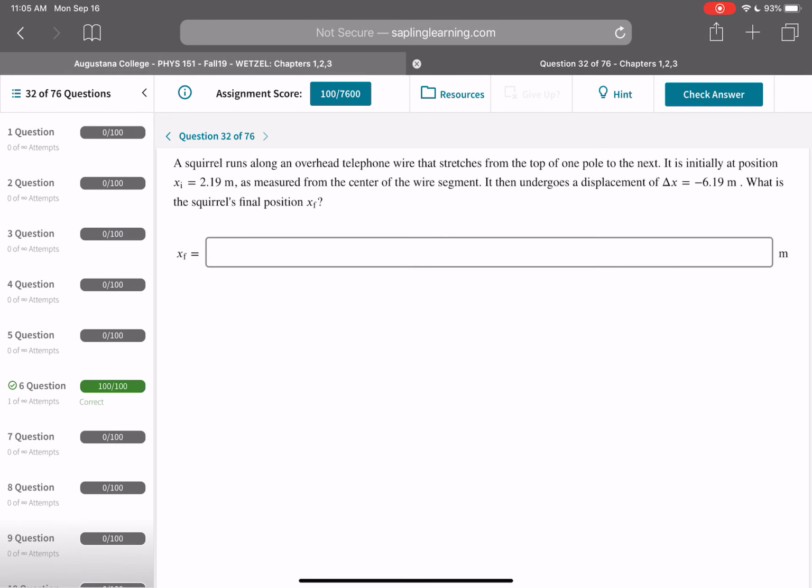A squirrel runs along an overhead telephone wire that stretches from the top of one pole to the next. It is initially at position 2.19 meters as measured from the center of the wire segment, then undergoes a displacement of negative 6.19 meters. What is the squirrel's final position?